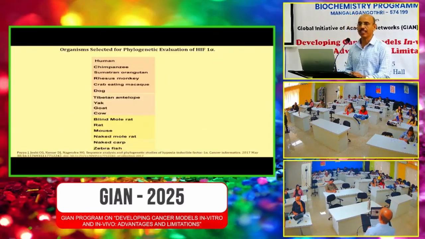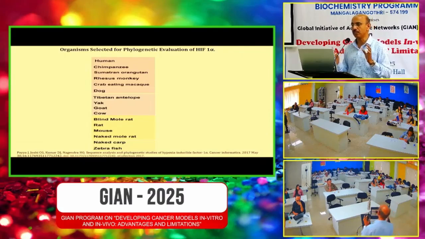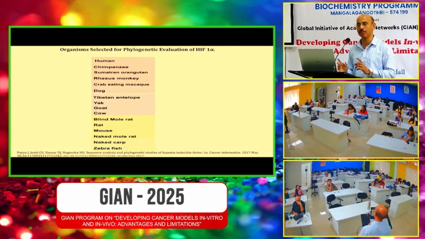So we wanted to select the organisms. Our idea was very simple. We selected a few organisms which are related to human beings, because we were looking at a bioinformatics study.